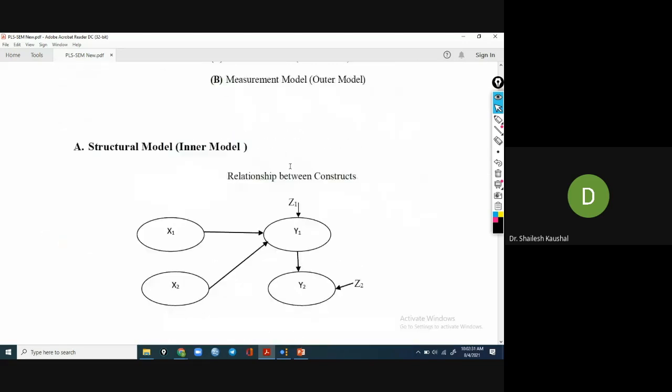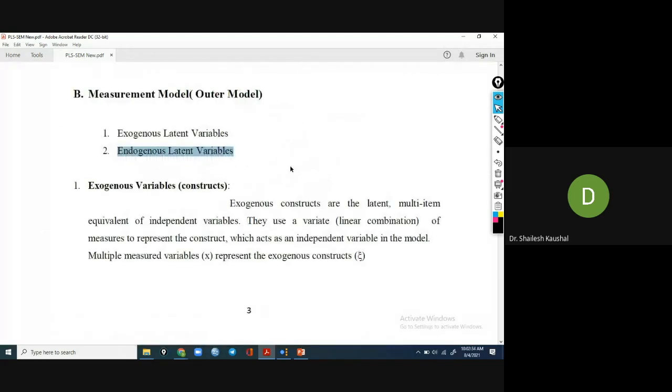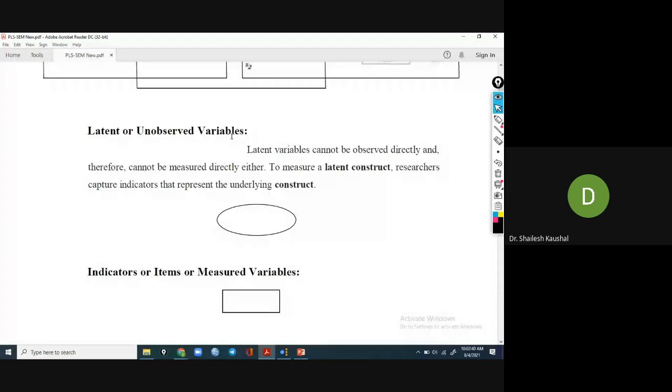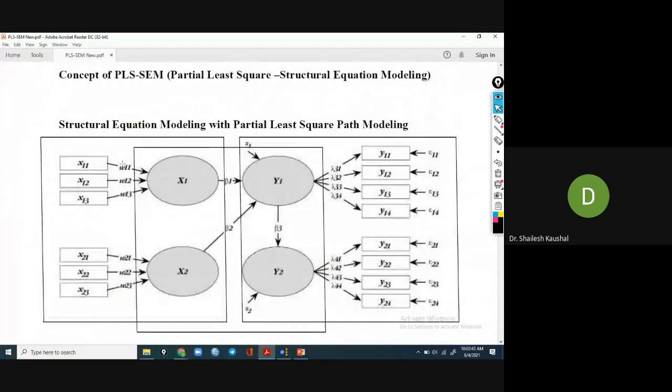So you can see here there are two types of measurement model or outer model, because it is a full structural equation model, and we are taking both. This is the formative measurement model on the left hand side, and this is the reflective measurement model on the right side.